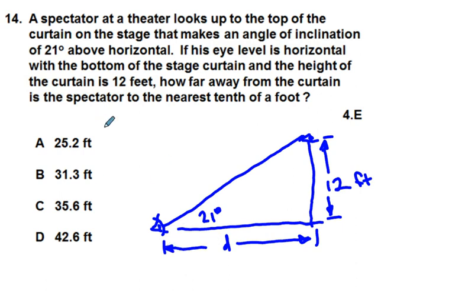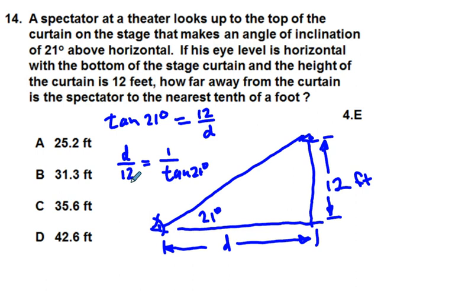So again, it's a tangent situation, because tangent of 21 degrees is equal to 12 over the distance. We can work this again a number of different ways. One way to do that is we can just flip each fraction upside down. We can have d over 12 equals 1 over tangent 21 degrees.